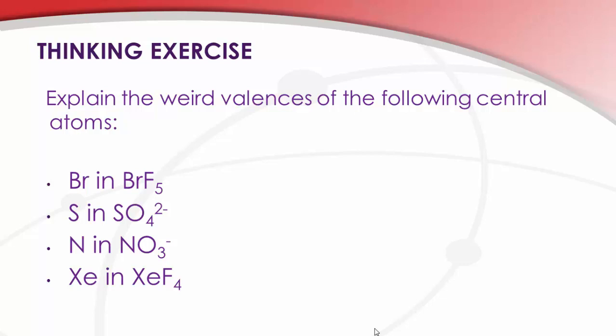So this should be a fun exercise for you to play with. You can go ahead and look online if you want to after you're finished. Don't forget, whenever you have ions, if it's a negative ion, you're going to need extra electrons. If it's a positive ion, you're going to need fewer electrons.